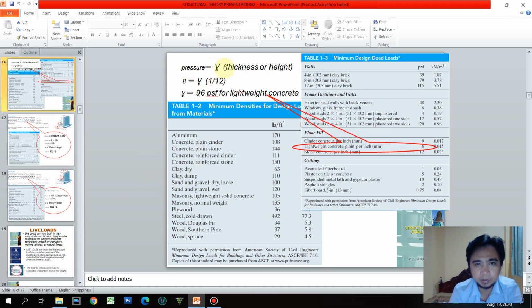The pressure is equal to gamma times thickness or height. The pressure here is 8, right? 8 PSF per inch. And then this is the thickness, 1/12. Then the gamma for a lightweight concrete should be 96 PCF, which is not present here. However, we can actually derive that by that procedure.